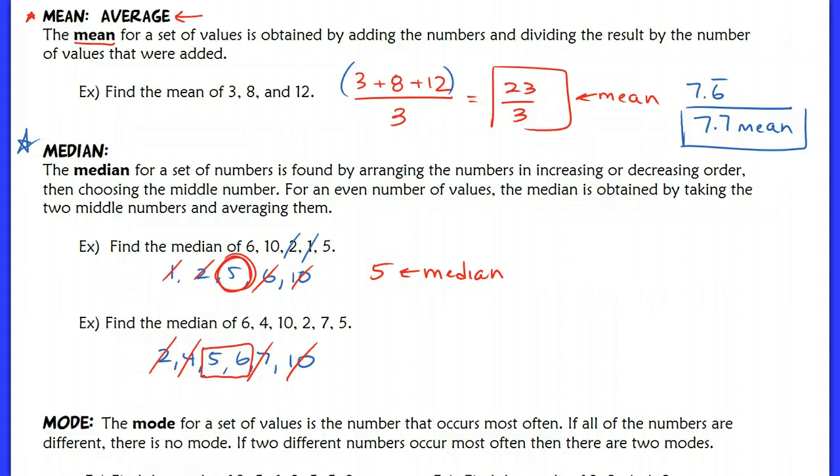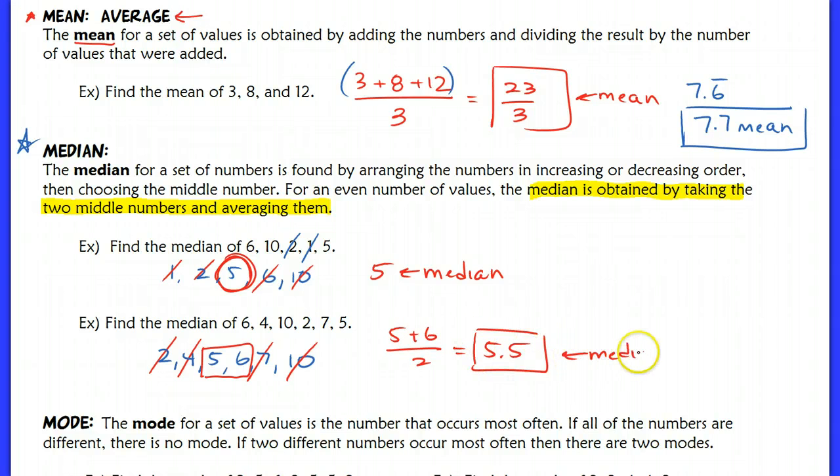So I can't cancel these out. What I'm going to do is now find the average, okay? So when you have an even number of values like we do here, the median is obtained by taking the average of the 2 middle numbers. So that's what we're going to do. We're going to take 5 and 6 and average that, so we get 5.5. So this would be the median for this set of data.